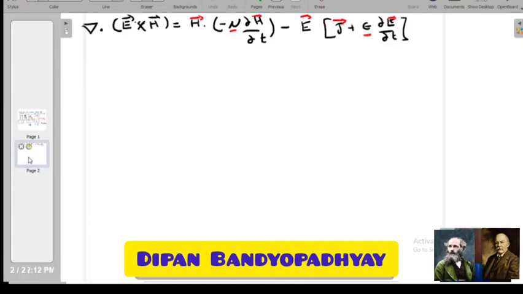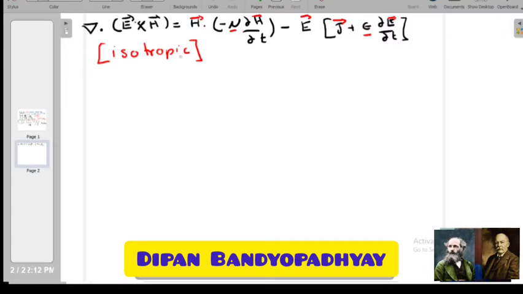Another thing we are considering is that the medium is isotropic. What is the meaning of isotropic? Isotropic means your electric parameters will be independent of the direction. So the electric properties of the medium are independent of the direction.